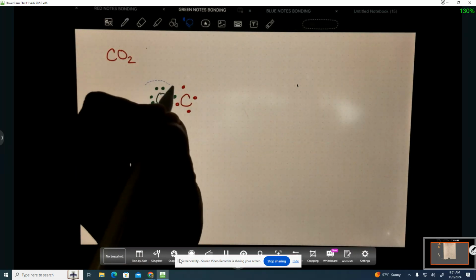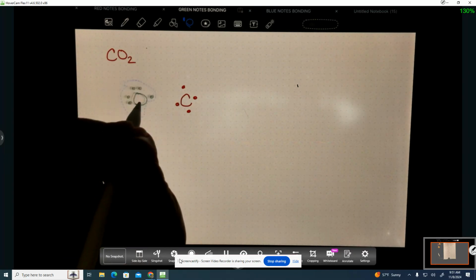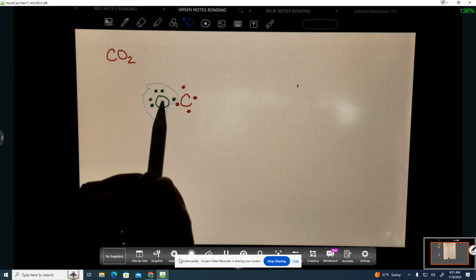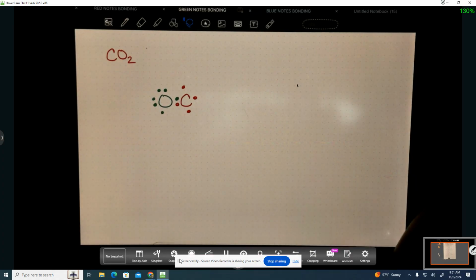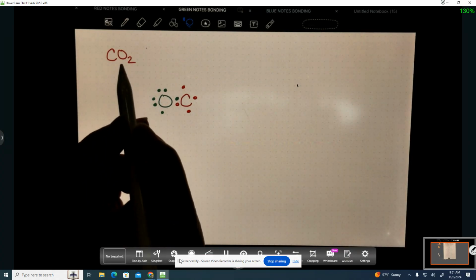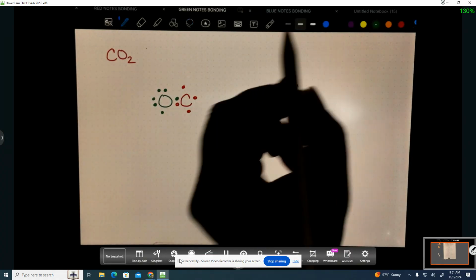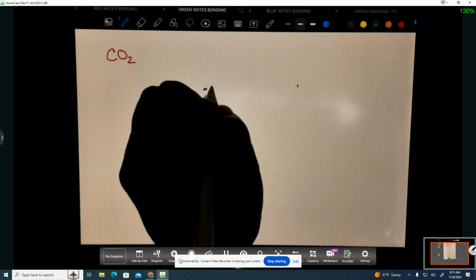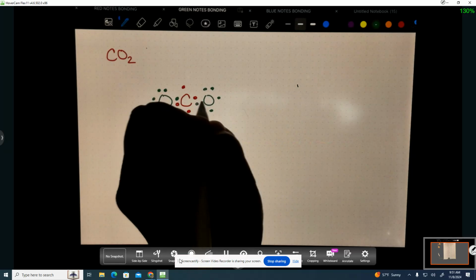So here's your oxygen. Let me just move this away. See it? Okay. It's going to come in, it's going to bond with this carbon. It's dioxide, so there's going to be another oxygen. 1, 2, 3, 4, 5, 6.